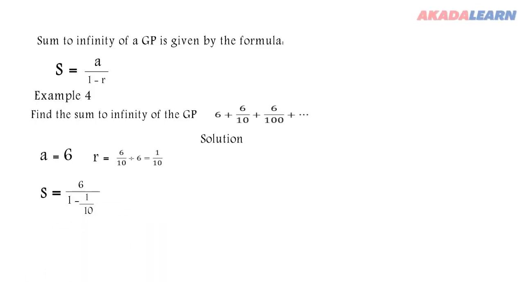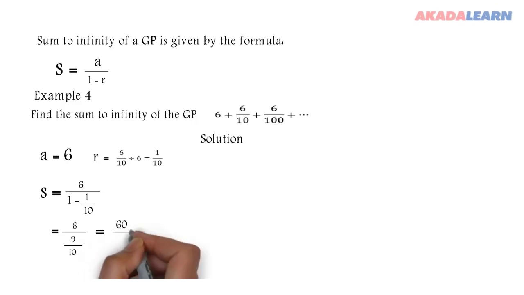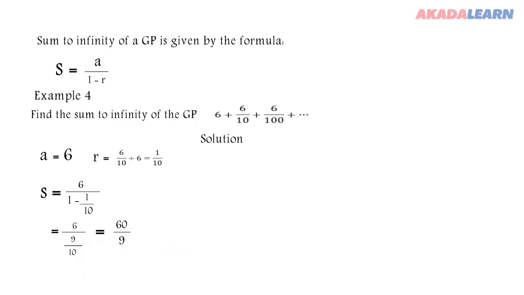Simplifying further, 1 minus 1 over 10 simplifies to 9 over 10. And when we simplify by removing the division sign, that fraction simplifies to 60 over 9. So our sum to infinity of the GP above is 6 and 2 over 3.